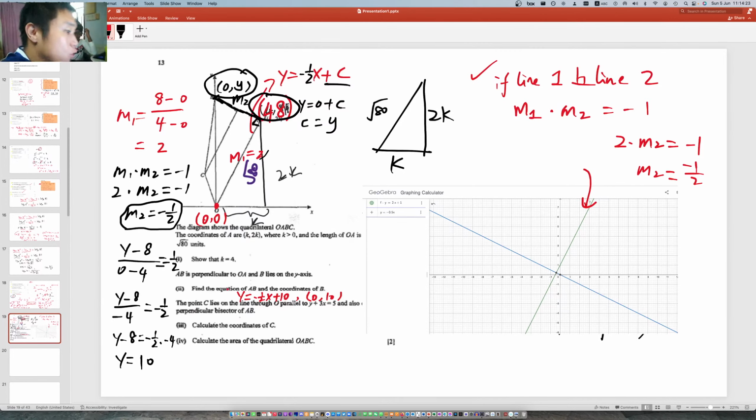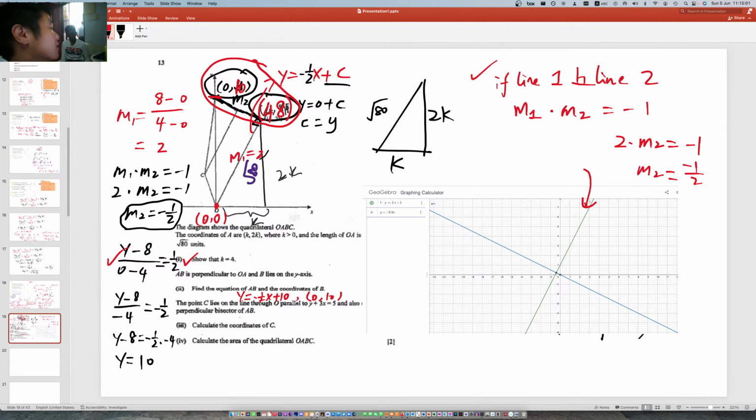So how I get it is, there are 2 ways to get the gradient. This is one way, using the formula. The other way is the gradient from the perpendicular concept. I equate them, and that's how I get y equals 10. You can see that 10 makes sense because it's positive and higher than the 8.